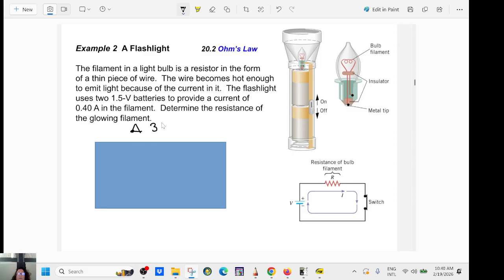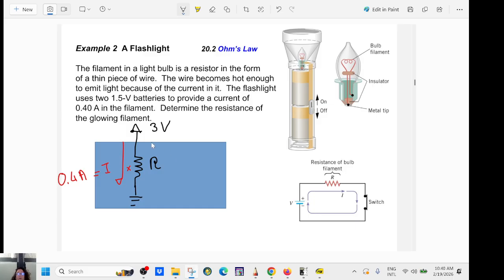So that will be 3 volts. And then you have a load, and then you go back to base. You can put a multiplication here.